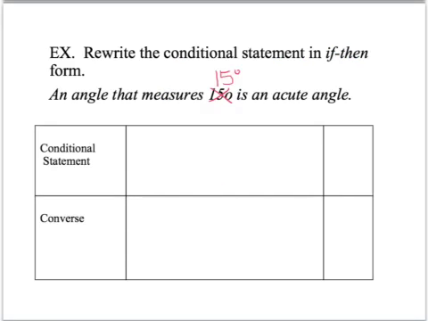Okay, let's practice this again. We want to rewrite the conditional statement in if-then form. So first of all, an angle that measures 15 degrees is an acute angle. There are several ways to rewrite this as a conditional, and a variety of them will work. I'm going to say if the angle measures 15 degrees, then it is acute.